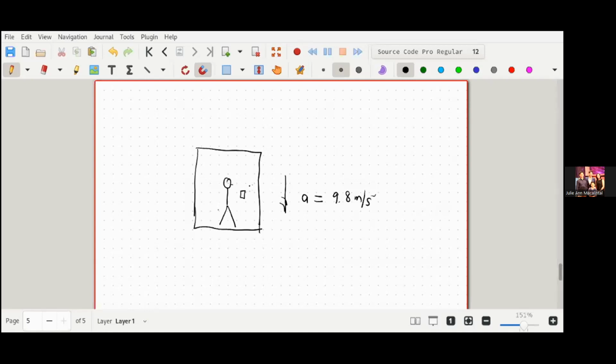Okay. As you remember, nag-accelerate yung elevator down, yung object. So we're far away from the Earth, and the object and the box is accelerating downwards. Dito, in the downward direction. So, anong effective gravitational field?